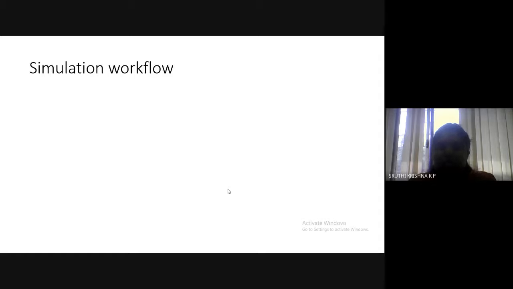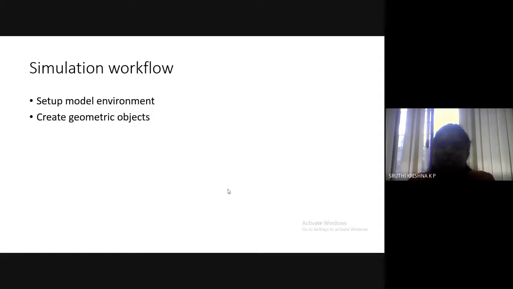So coming to the simulation workflow in COMSOL, first we need to set up the model environment: what study you are going to do, which environment, heat transfer, electrical or structural mechanics, and also whether it is time dependent, stationary, or customized.